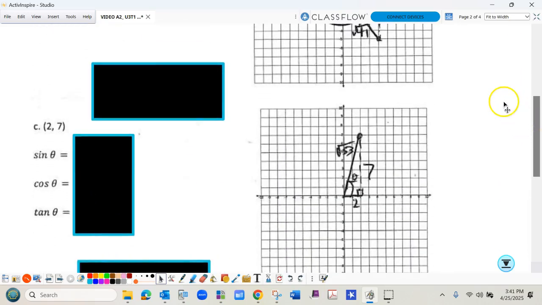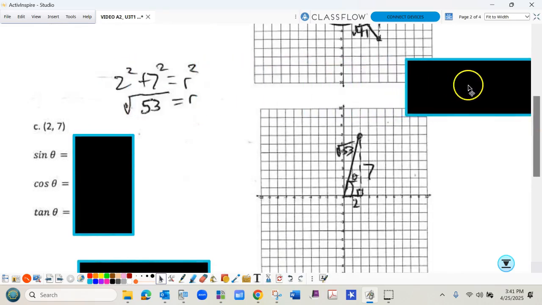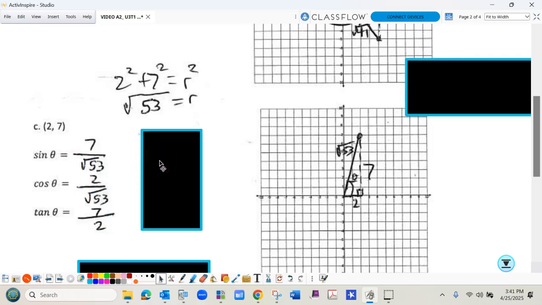In C, it's (2, 7) in quadrant 1. The radius, using the Pythagorean theorem, is square root of 53. It's not an easy square root, so when I do my ratios, y over r for sine, 7 over square root of 53, for cosine, x over r, 2 over square root of 53, tan y over x, 7 over 2.